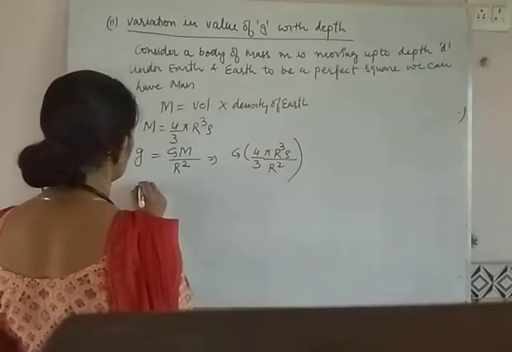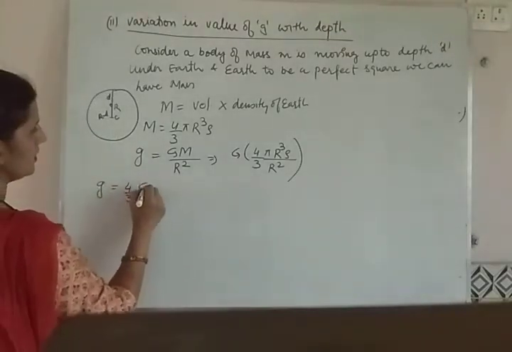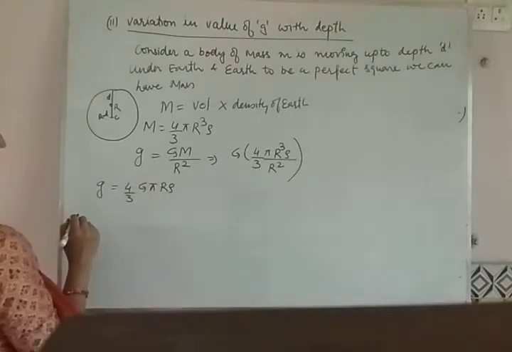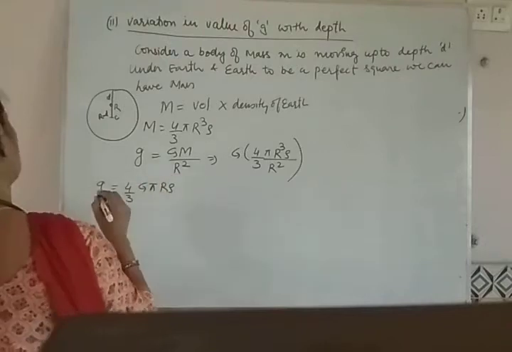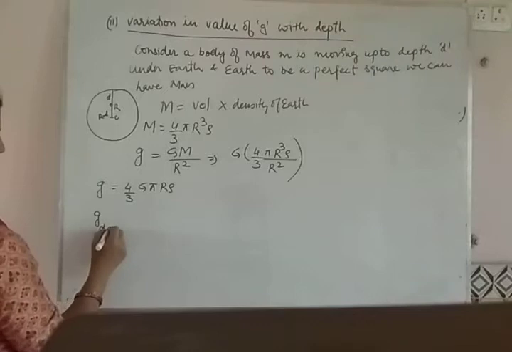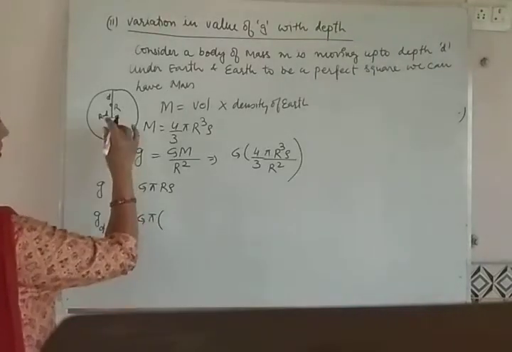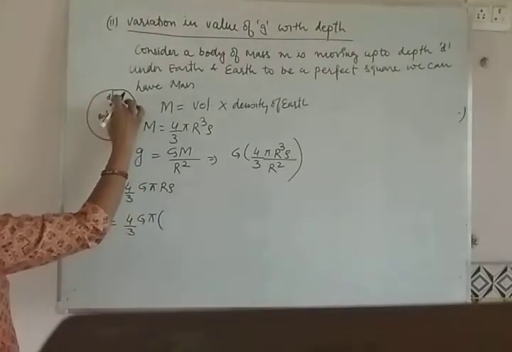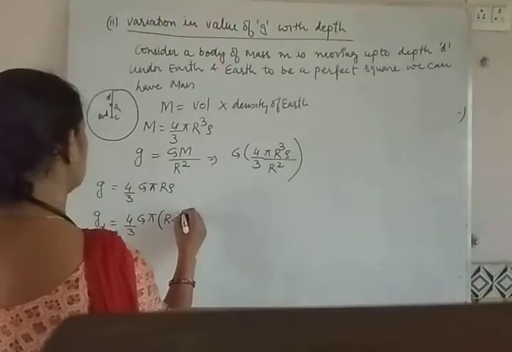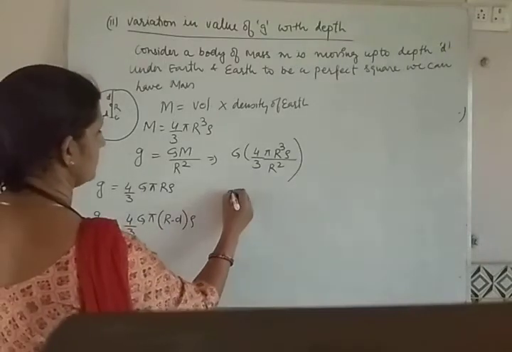This will cancel out and you will have g as 4 by 3 capital G pi r into rho. If you want to calculate it at some depth d, this will be 4 by 3 G pi, now it is at the distance from the center, in the depth, so you will have (r minus d) into rho.